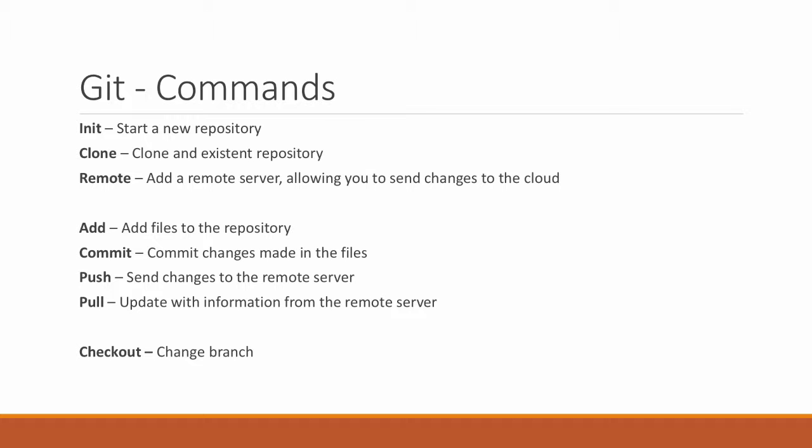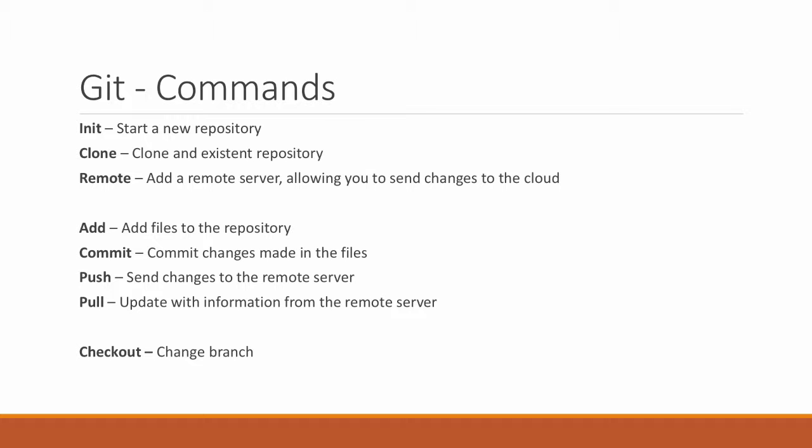Clone is for when you have a Git repository on some server somewhere and you want to clone it on your machine, to start working on this code. And remote is for when you have a local repository, for example, created with git init, and you want to send it to some remote server, then you can use remote to add this server.